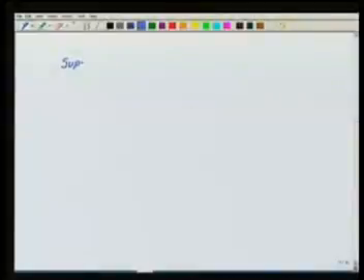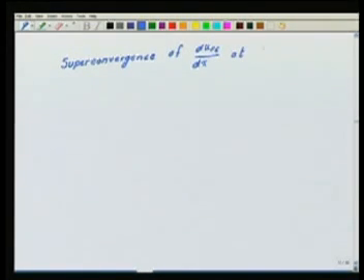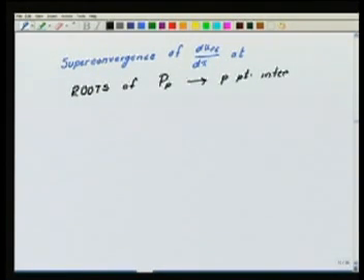So, let me call these points superconvergence points: convergence of the derivative dufe dx at roots of the Legendre polynomial of order p, where p is the order of approximation, which corresponds to the p point integration rule. So, I already have this information stored with me.